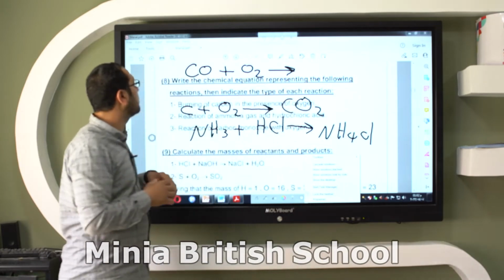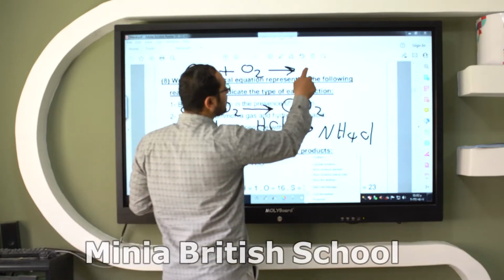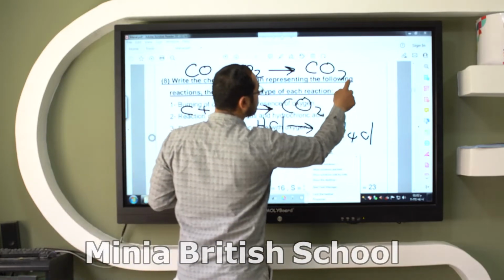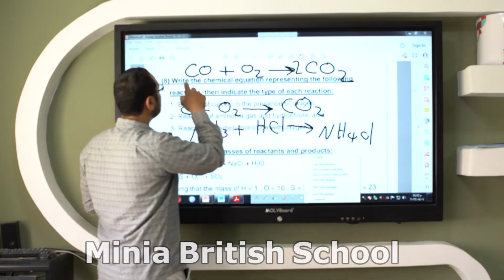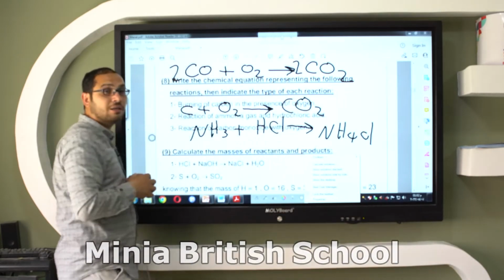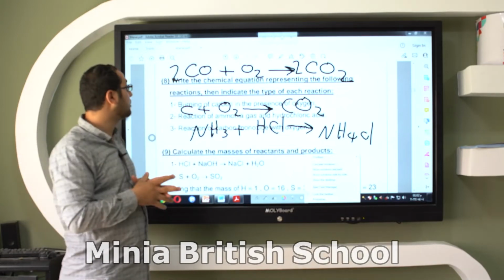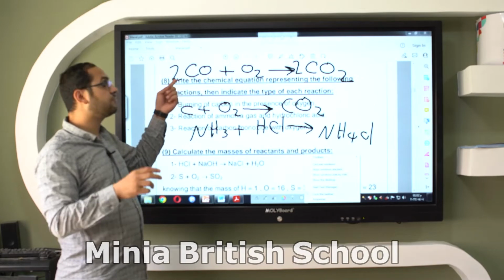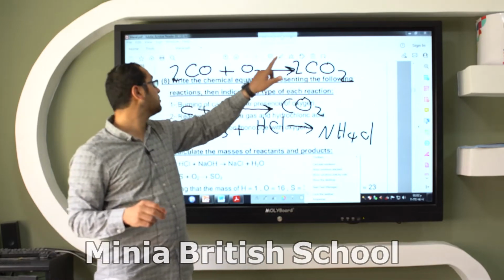So carbon monoxide reacts with oxygen, forming carbon dioxide. So we must put here 2, and we must put 2 here. Why? To make sure of the balance of the equation. Here we have 2 carbon atoms, and here we have 2 carbon atoms.